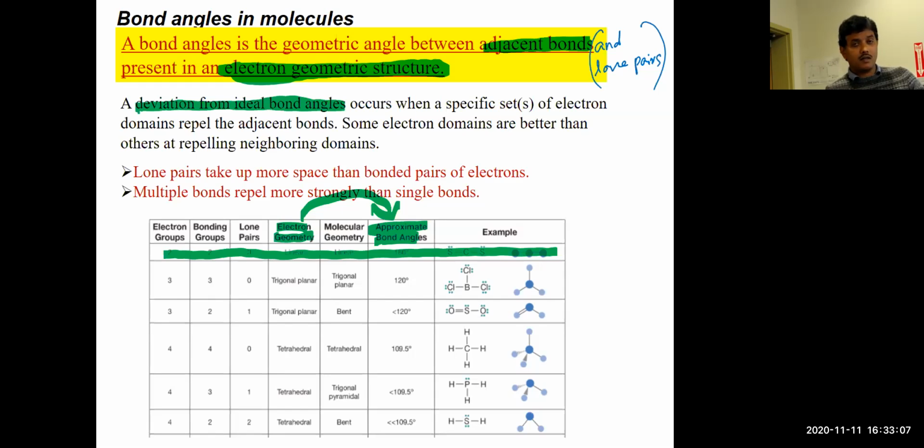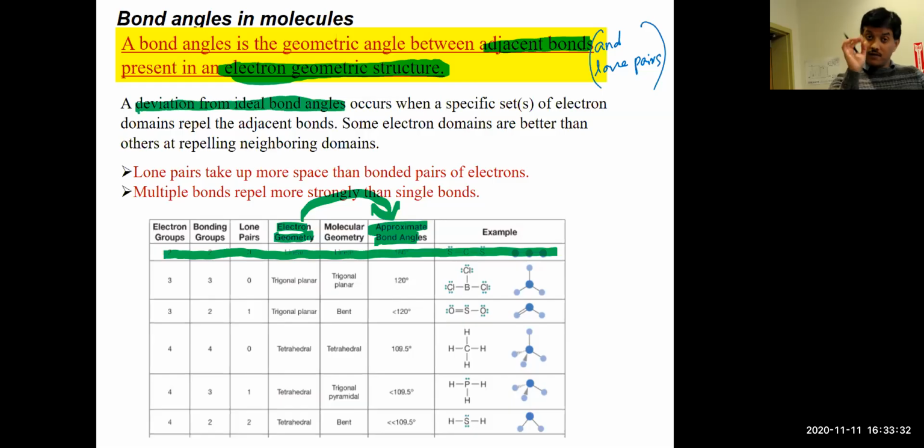You just need to know the ideal bond angles and not stress about deviations a lot. If you can get it, it is good for you, but if you don't get it, you're totally fine. But I need you to know at least what the ideal bond angle is.